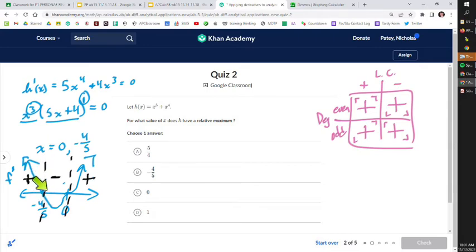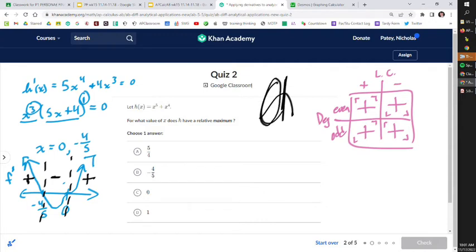I know that the slopes of h are negative between negative 4 over 5 and 0. I know that the slopes of h are positive before negative 4 over 5, and the slopes of h are positive after 0. Why does that help? Well, we're looking for the relative maximum. When you consider a max, what's happening before this critical point, the max point right here?